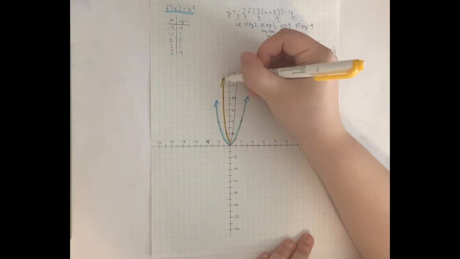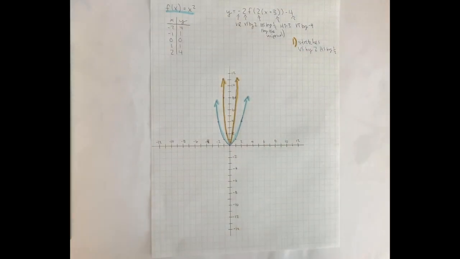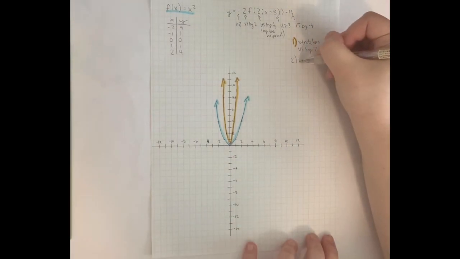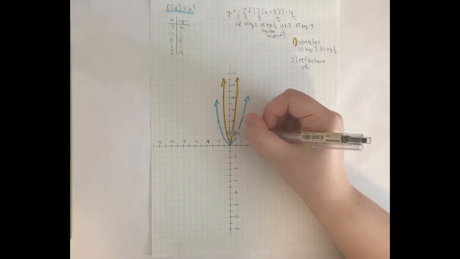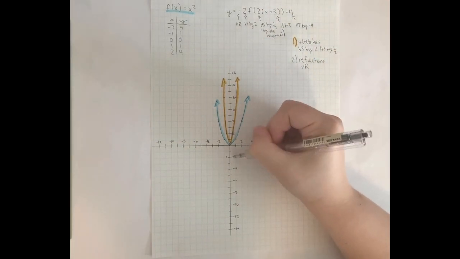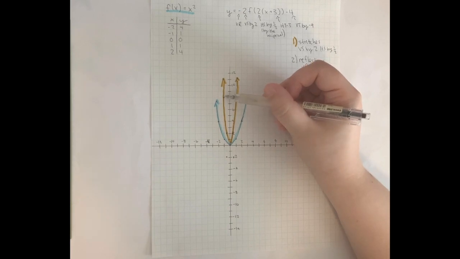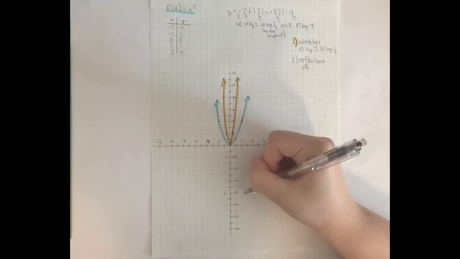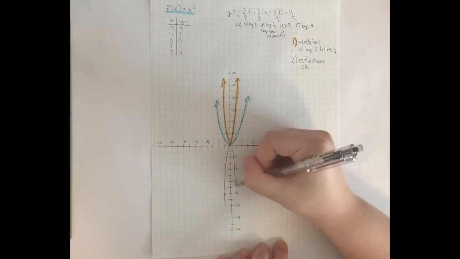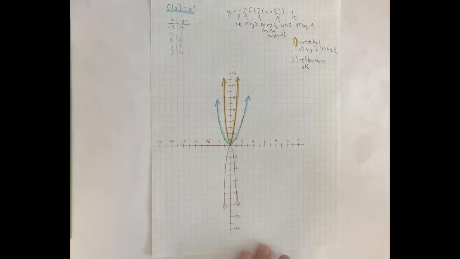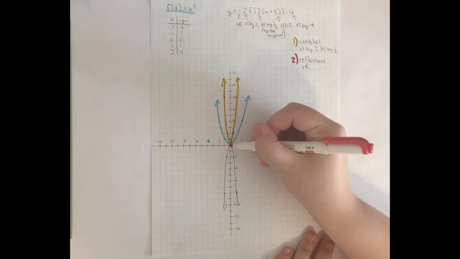And now I'm highlighting it to show the different steps. The second transformation we're going to be doing is reflections, and there's only a vertical reflection, so that just reflects over the x-axis. And now I'm highlighting that to show that step.